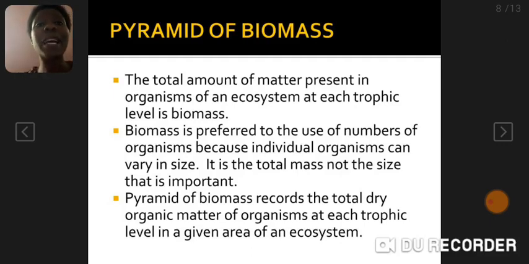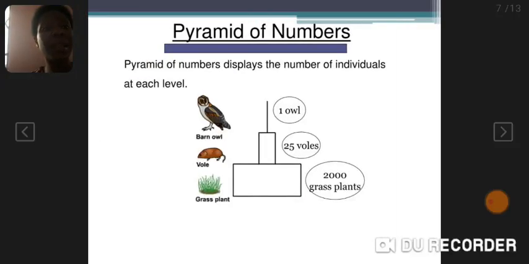Let's make it simplified. For example, taking maize plants as the producers. We discovered from the last slide, let's go back, that there are 2,000 grass plants in a unit area of that ecosystem, isn't it?